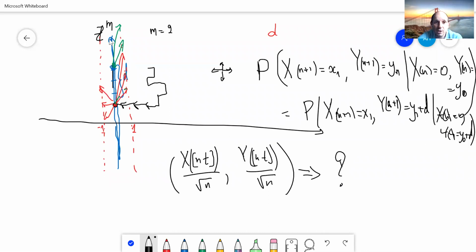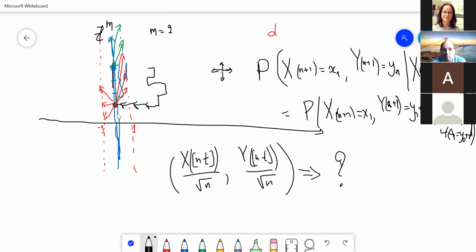If there is no membrane, so if the probabilities from this line are 1/4 to the right, to the left, up and down, then the limit is Brownian motion, two-dimensional Brownian motion. Today we will see that the limit now will not be a Brownian motion, but a Brownian motion with some semi-permeable membrane on the y-axis.